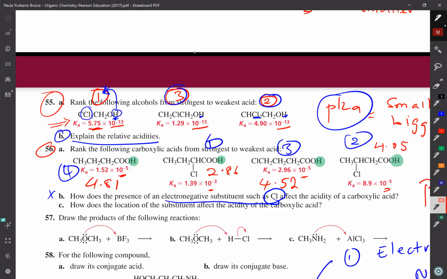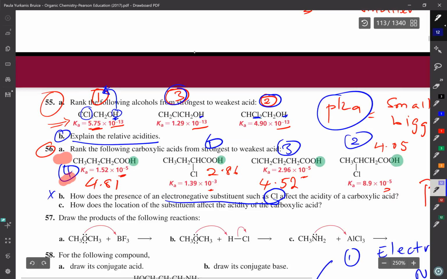So let's start with the first molecule here. We don't have any chlorine atom on that molecule. Do you see that? Because we don't have any chlorine atom, we classify this as the least acidic. So we keep that aside. Now, when we move to the next molecule, the oxygen and the chlorine are separated by 1 carbon.